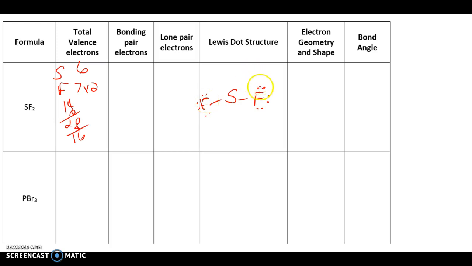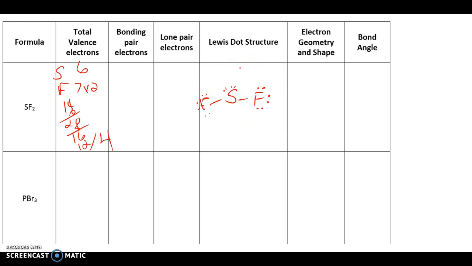So I've used 2, 4, 6, 8, 10, 12. That leaves me 4, doesn't it? Well, I have 4 that I can put around sulfur. Now notice that we have used all the electrons, 2, 4, 6, 8, 10, 12, 14, 16, 18, 20. Fluorine has an octet, fluorine over here has an octet, and sulfur has an octet.